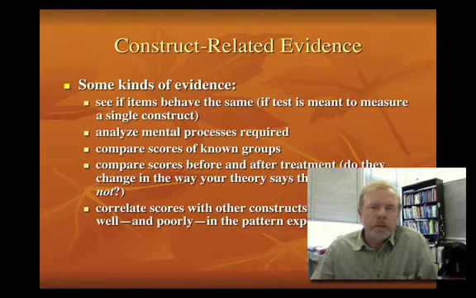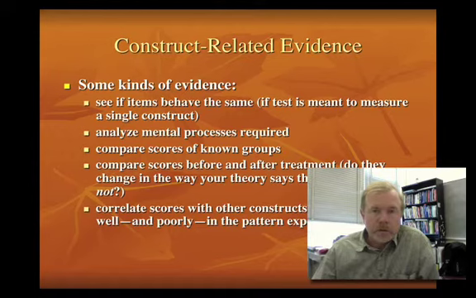So we would want to see convergence between, say, mathematical reasoning and mathematical calculation, but we might want to see some construct divergence between, say, writing ability and mathematical reasoning ability.